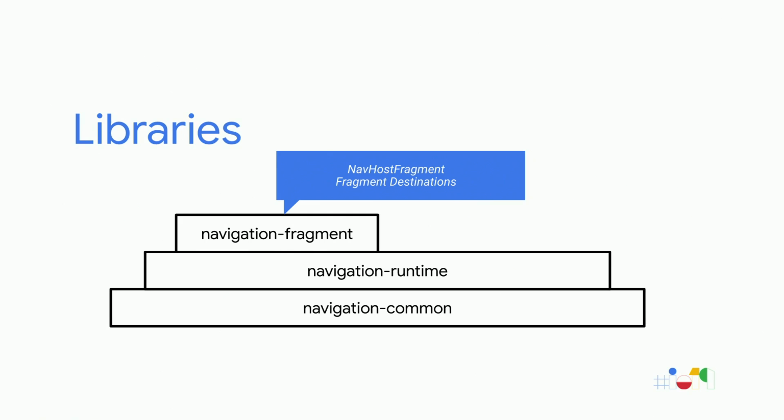So we have the nav host fragment and the ability to use fragment destinations in a navigation fragment library. Similarly, if you're using those material components like toolbars and other things, then we have a navigation UI, which is what provides the app bar configuration and all these setup with nav controller items.